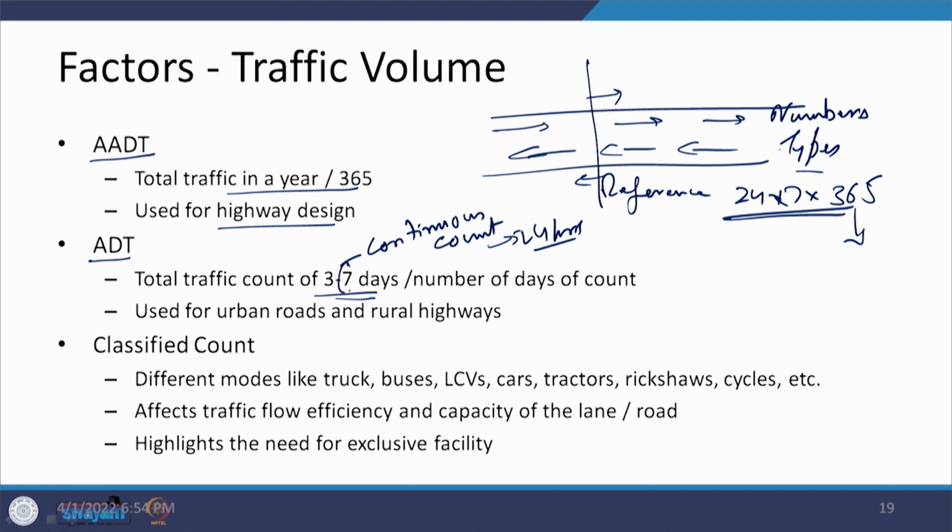The most optimal one is 7 days, but if it is not possible to do it for 7 days, then we go for 3 days, and these 3 days we try to do within the week time, so that there is no impact of the weekend on the traffic. So, that is how we are going to identify the days to count the traffic on that particular stretch. Whether we have done it for 3 days or 7 days, if we divide the total traffic by that number of days, we are going to get ADT, and this is useful for urban roads as well as rural highways as such.